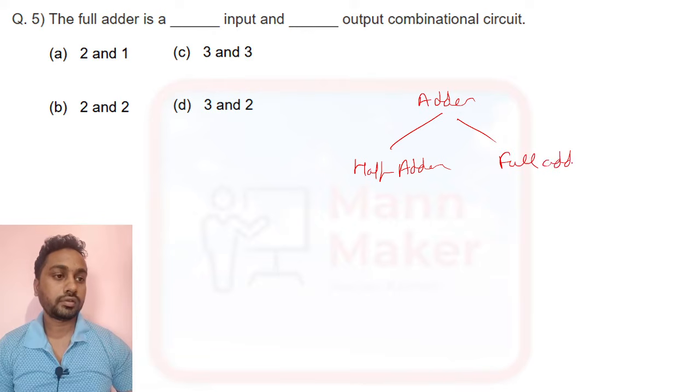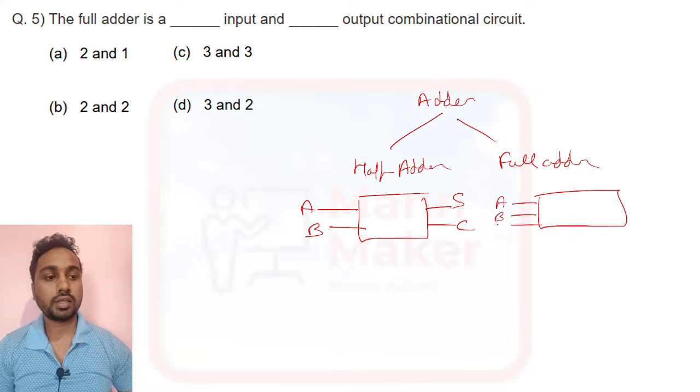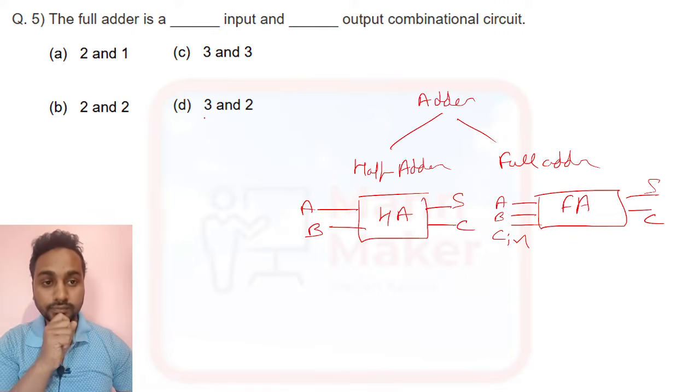In half adder we have two inputs, A and B, and two outputs, sum and carry. In full adder we have three inputs, A, B and carry in, and outputs sum and carry. In the question they have asked for full adder, so three inputs and two outputs. Option D is the right answer.